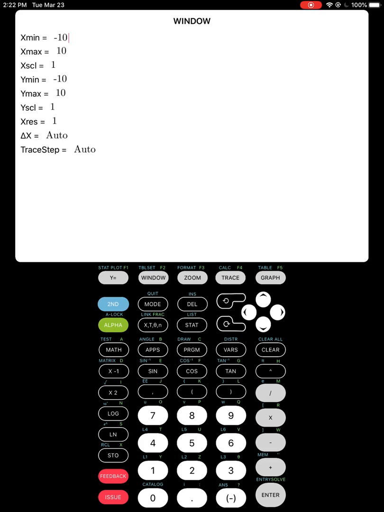So our x values are from 0 to 16. So my x min is going to be 0. My max is going to be 16. And it looks like it's counting by 2, but it counts every other line. So I'm going to leave it as a scale of 1.